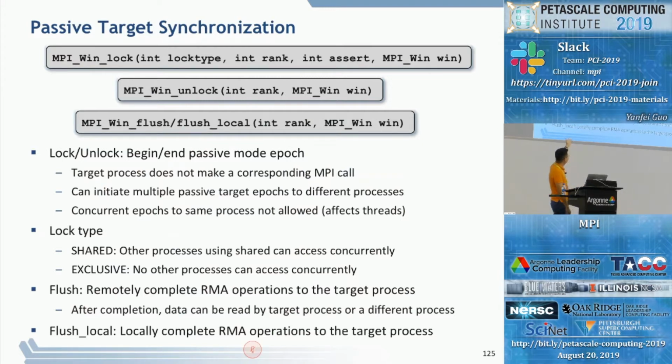That's why there's also an exclusive lock. If I lock this target window exclusively, then no one else can lock it before I unlock. That guarantees exclusive access to that window, and I can safely do put and get without using atomics.